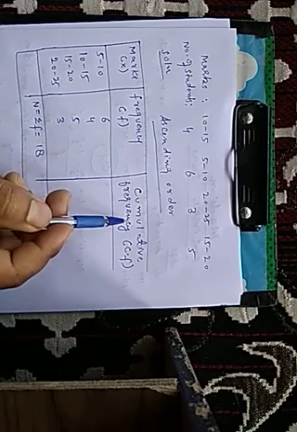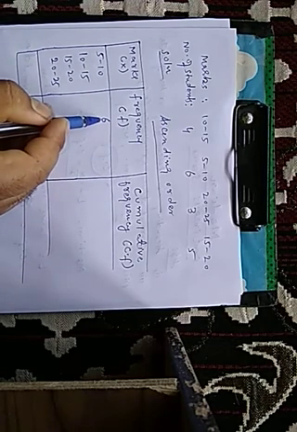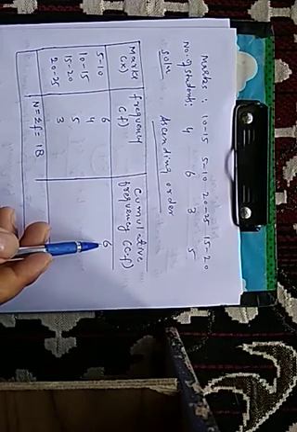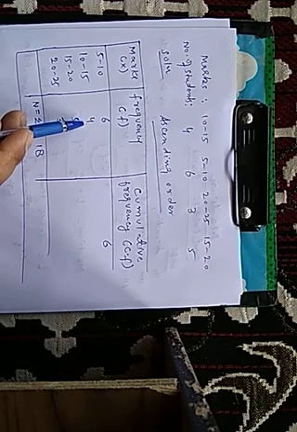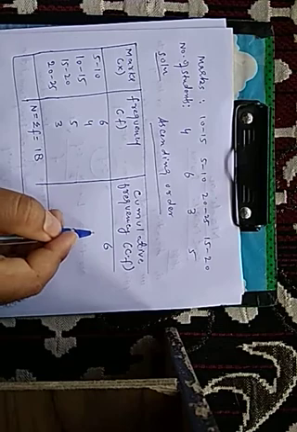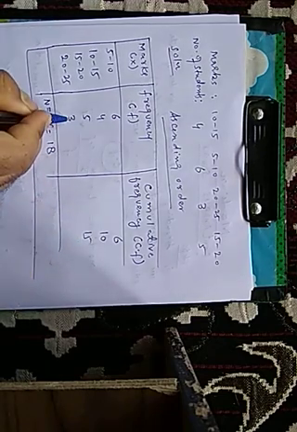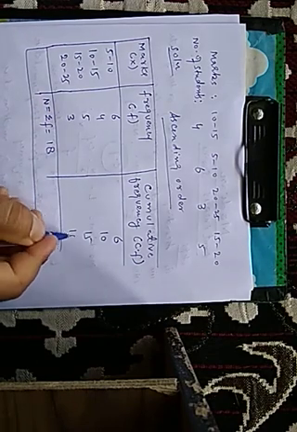As you know, the first value of cumulative frequency is the same as that of simple frequency. Simple frequency is 2, and cumulative frequency will also be equal to 2. Now to this value we have to add the next simple frequency. Here it is 4, so it will be equal to 6. Then 6 will be added to this 5, it will be equal to 15, and 15 will be added to this 3, it will be equal to 18.